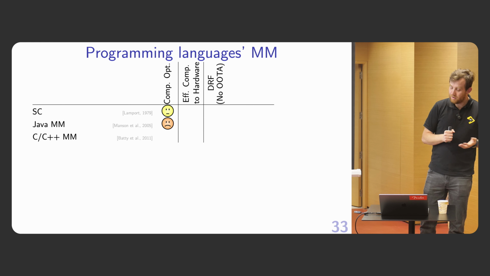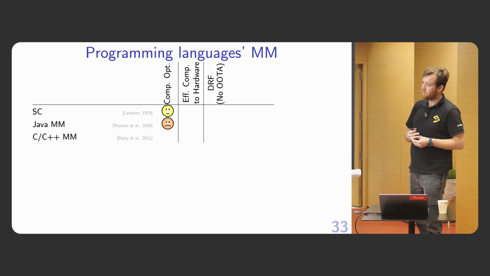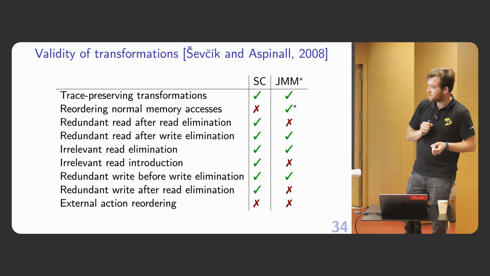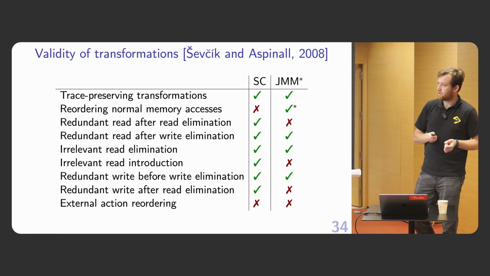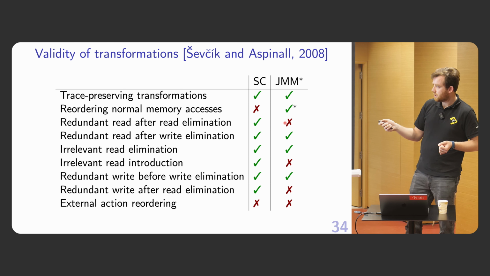Regarding the Java memory model, surprisingly, there are some problems with compiler optimizations going even further than in sequential consistency. For example, the redundant read after read elimination used to be broken.